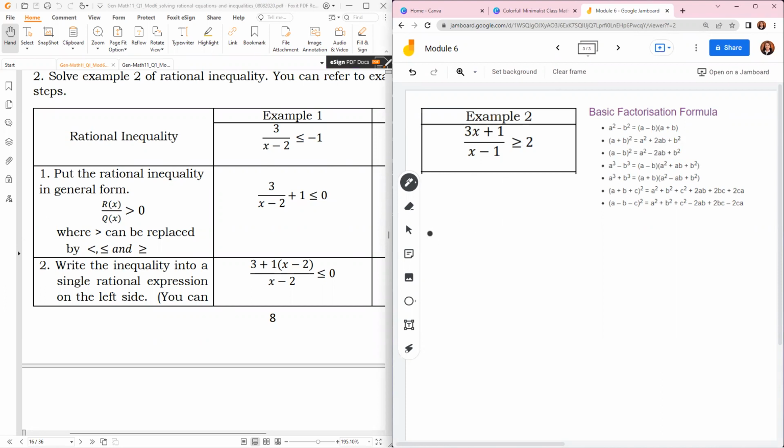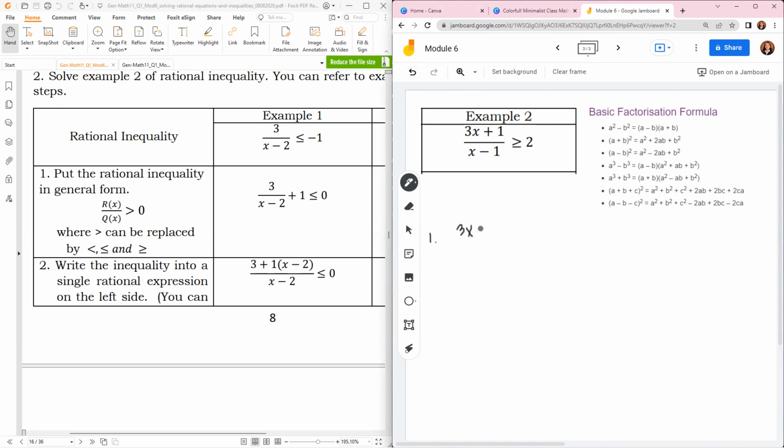Okay. So first is that we are going to put the rational inequality in general nga form daw. So that would be Rx over Qx that nga ato siyang gi-equate or gi-compare against 0. So dapat ang atong right side dapat siya 0. How do we do that with example 2? So we are going to do operations on both ends nga makapa-0 sa right side.